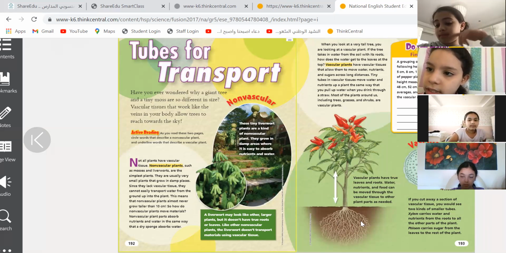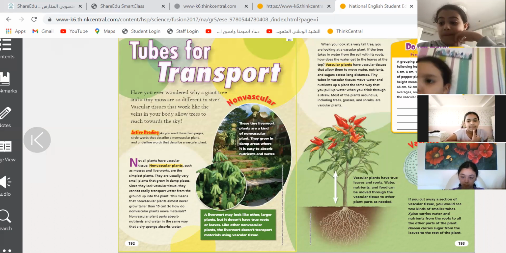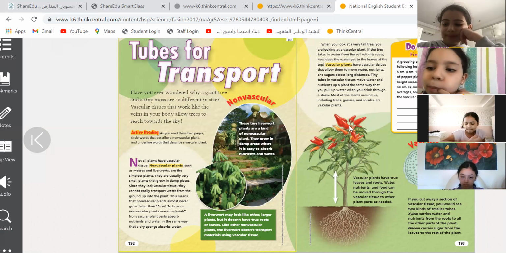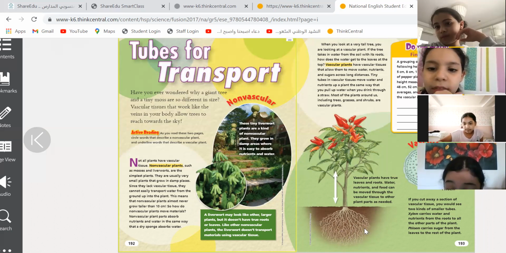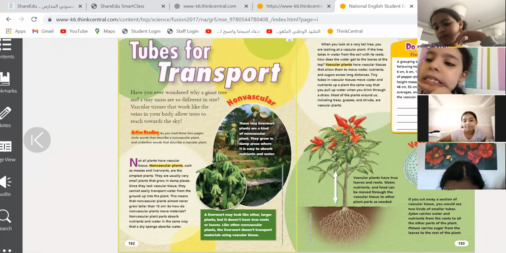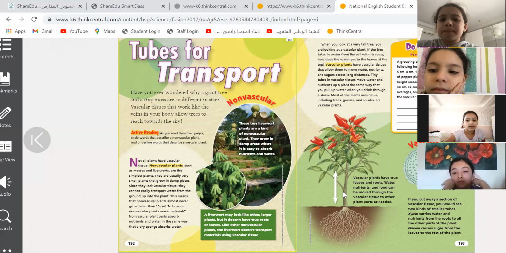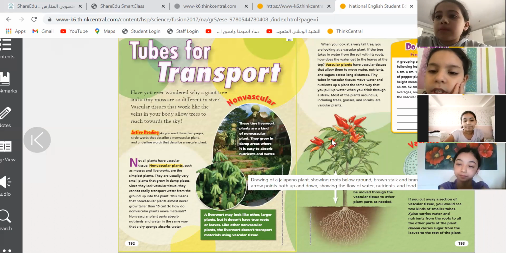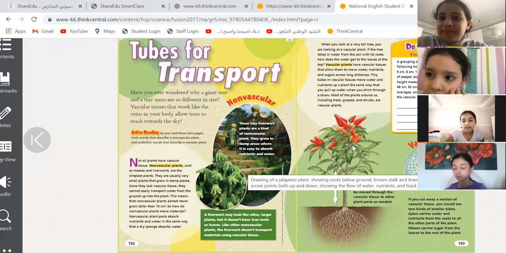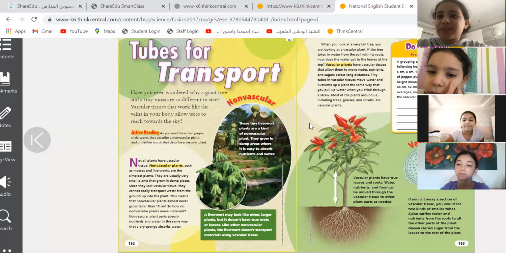Let's see, the first tube will take water and minerals from where? The roots. Excellent. From the roots to the stem, from the stem to the branches, to the flowers, to the leaves. These are vascular. So they could grow.